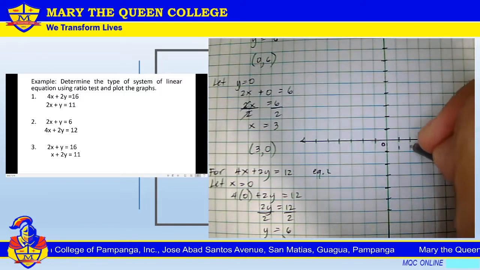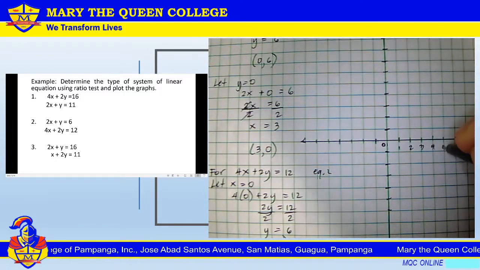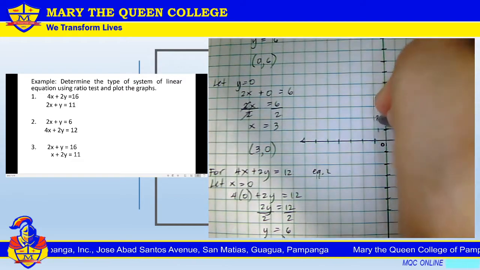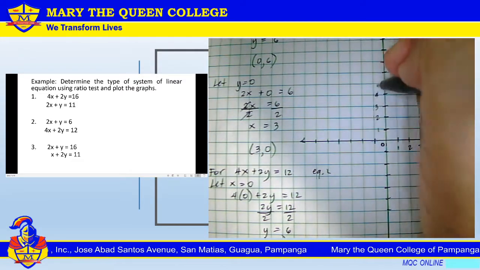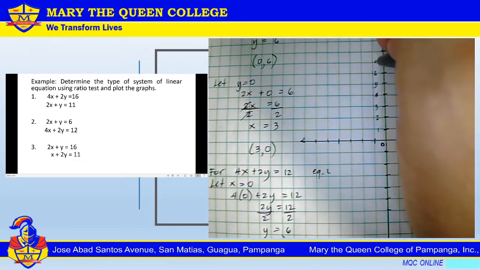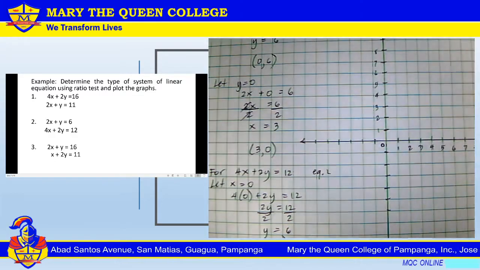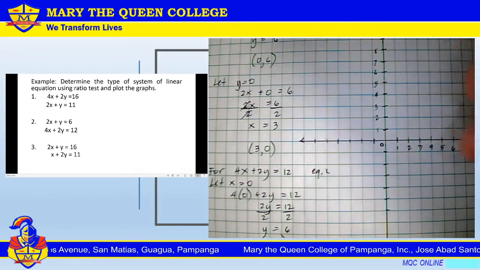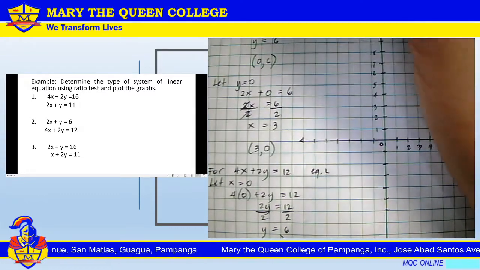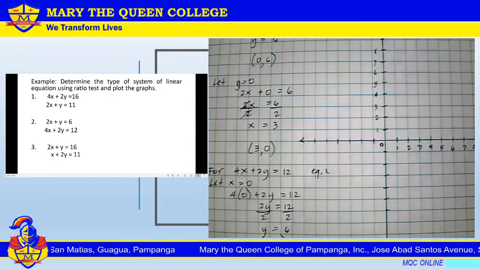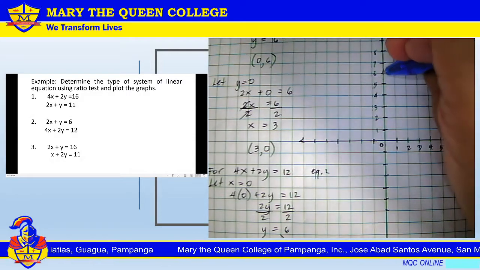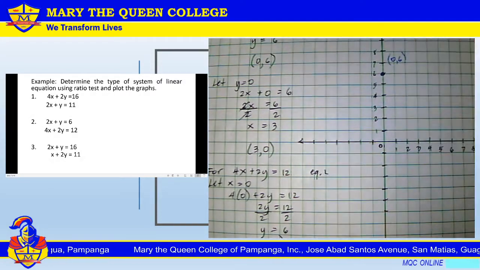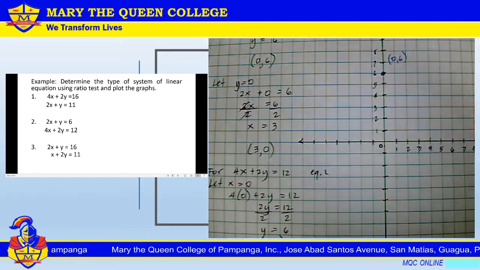So this is 1, 2, 3, 4, 5, 6, 7, 8. Then also you can use some intervals if you want. 6, 7, 8. Okay, so we can now plot the first point. We have 0, positive 6. So it is here. And we have 3, 0 here.